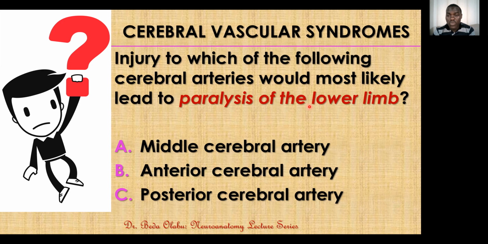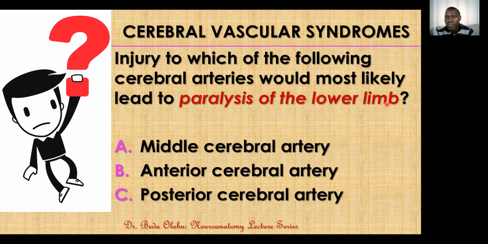From the homunculus, which part of the precentral gyrus controls the lower limb? Is it the medial aspect of the precentral gyrus? Is it the middle part? Or is it the lateral part? The medial part. The medial part of the precentral gyrus.